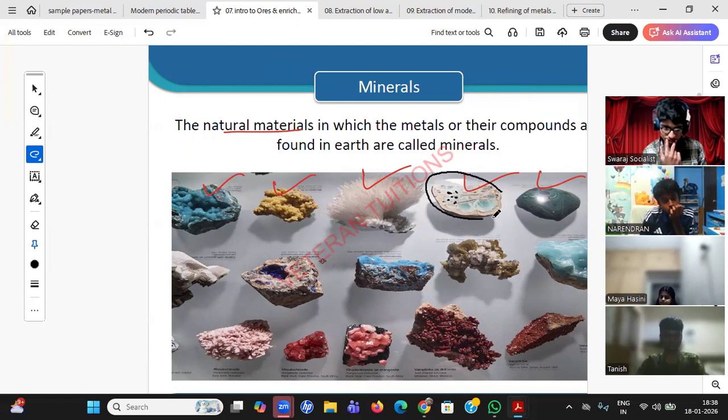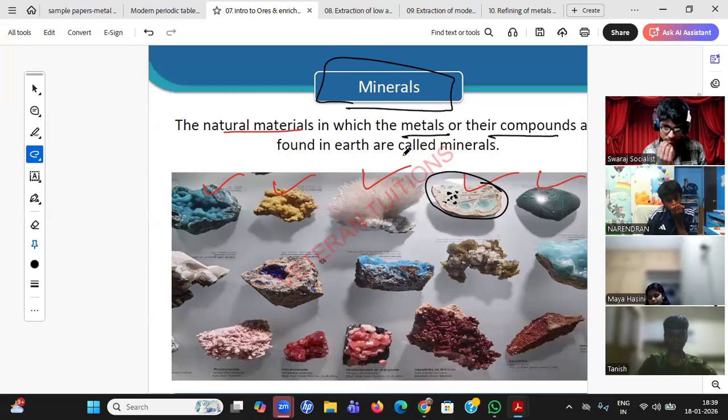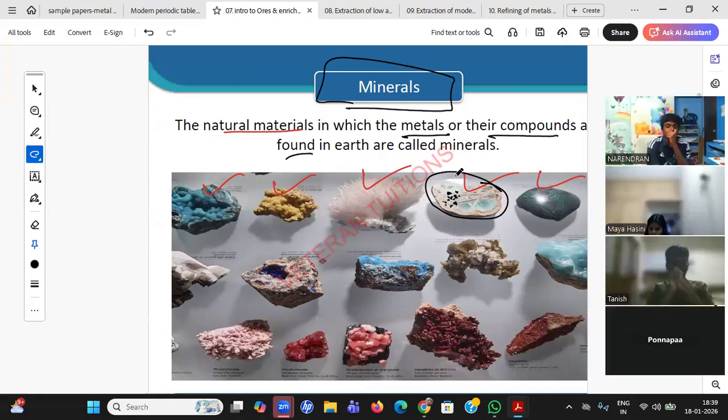If I have a material in which there are metals like this, then we say it is a mineral. So a natural material in which metals or their compounds are found is called a mineral. When you dig the earth's crust, you will find this. Inside this mineral I have many things, especially metals, and metals are either in the simple state or in the combined state.